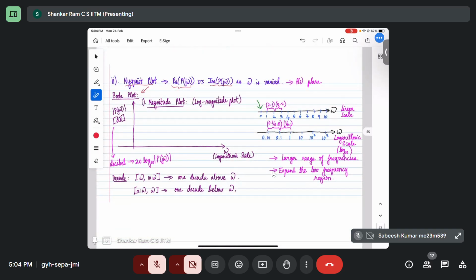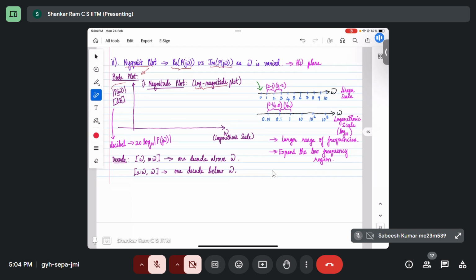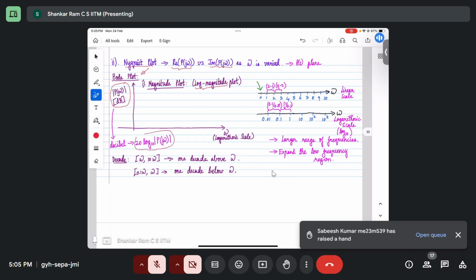So if we look at the magnitude plot, people also call it a log magnitude plot. The reason will become clear. What we do in the magnitude plot is that we plot the magnitude of the sinusoidal transfer function P of j omega in a metric called the decibel measure. So in the decibel measure, we take the logarithm to the base 10 of the magnitude of P of j omega and then multiply it by 20.